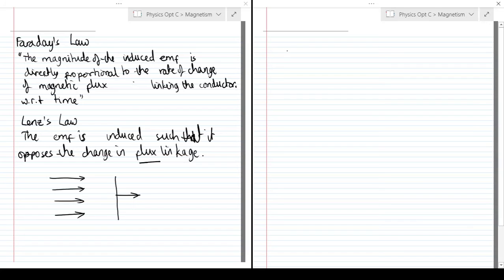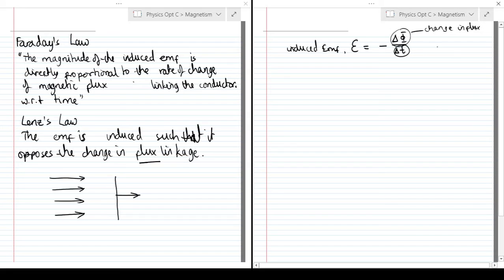So it says that the induced EMF, E here, is the negative of the change in magnetic flux linkage of the coil divided by the time you are talking about, right? This here is a change in flux.